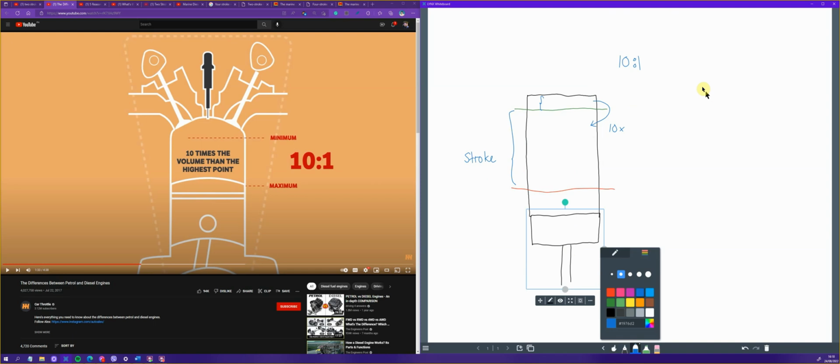Kasi 'di ba pag tiningnan mo to, pag ginawa mo siyang cylindrical, so ito yung part lang yan. Ito yung minimum mo. Yung maximum mo, well, scale natin.